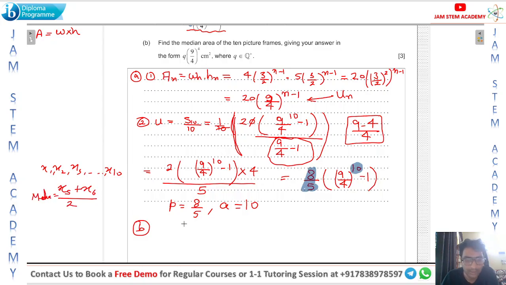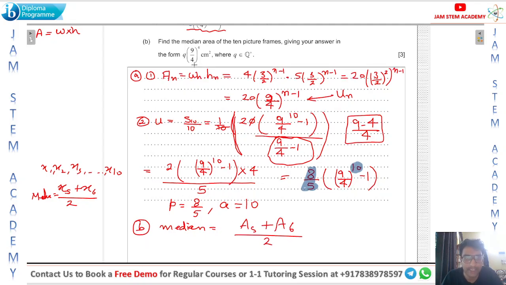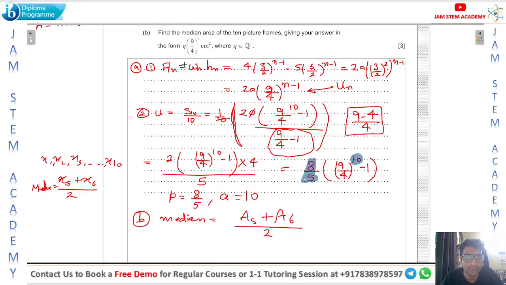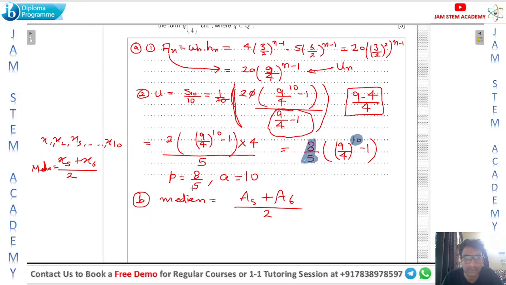Okay. So for finding the median, take the area of the fifth frame and the area of the sixth frame, whole divided by 2. That will be the median area. And now we have to simplify it and compare it with the given form, Q times 9 by 4 raised to the power 4. So for the fifth area, we already have the formula for the nth, right? Area of the nth frame, this one. So substitute n as 5 and 6 respectively.